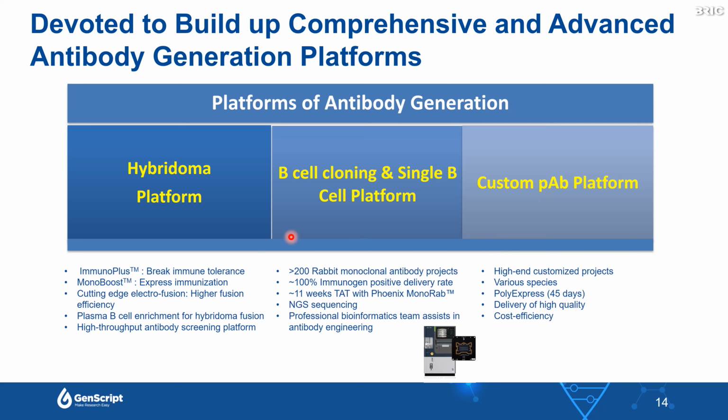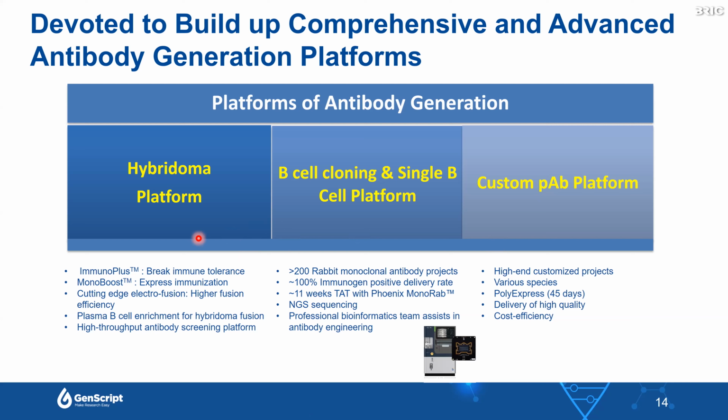In monoclonal generation, we have the hybridoma antibody or B-cell cloning methods. In the hybridoma platform, we have our proprietary methods, ImmunoPlus and the MonoBoost technique, to break the immune tolerance of highly homologous antigens and to generate surrogate antibodies.